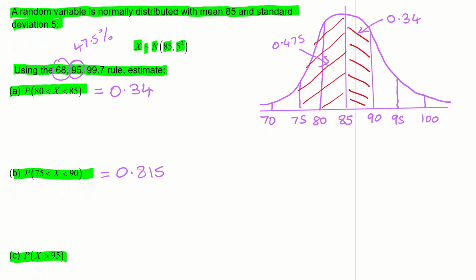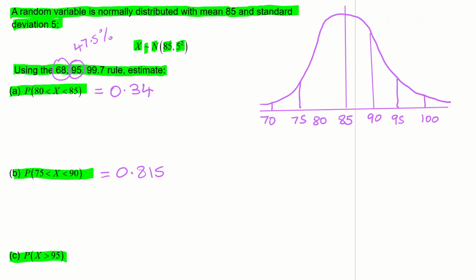Now we want the probability that x is greater than 95. So let's just remove some of this from my sketch. I could produce a new sketch, I guess. And let's just put that line back in that I accidentally deleted. So greater than 95 would be up there.